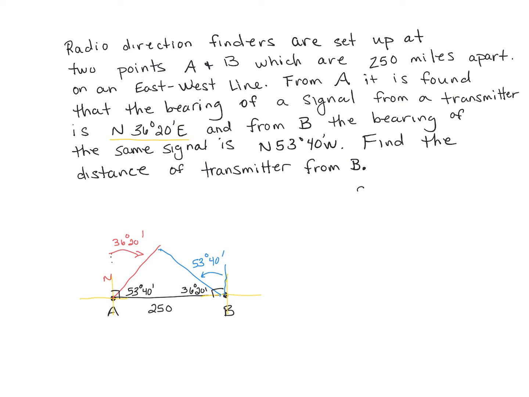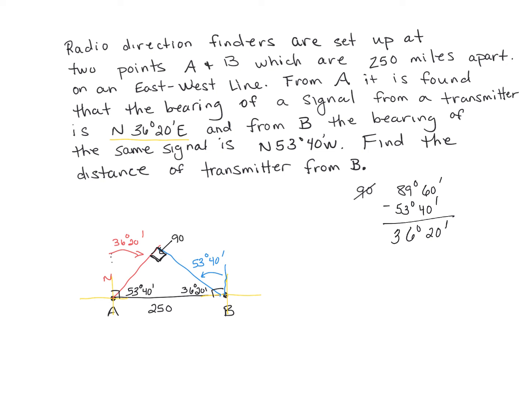So if you were going to subtract, instead of saying 90 degrees, you would say 89 degrees and 60 minutes, and then subtract your 53 degrees 40 minutes. So we get 20 minutes, 9 minus 3 giving us 6, and 8 minus 5 giving us the 3. So that's how we would find those. So since the sum of the angles of the triangle has to add to 180, this angle here is 90 degrees.